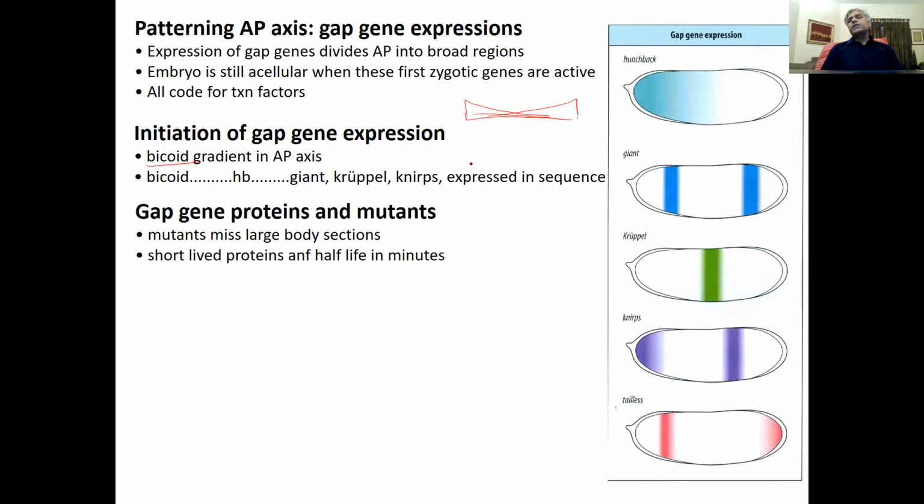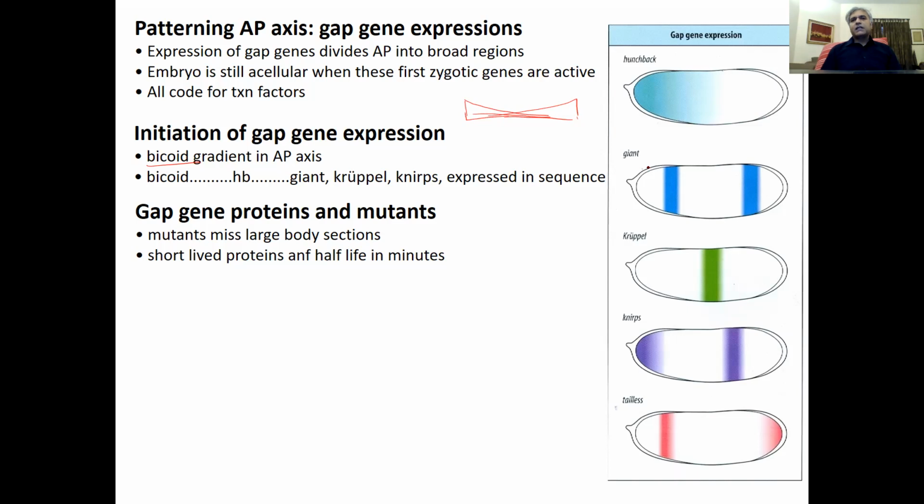If you have mutations in gap genes, there are big regions in the embryo which are absent. And that's why they're also called gap genes, because absence of the gene products of these proteins leaves big gaps in embryonic development. And these are also short-lived. They are transient in nature. As I said, they are transcription factors. Once they perform their function, they disappear.